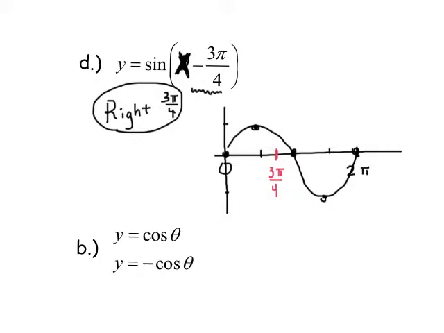I'm still going to mark every half, so this is 5 pi over 4, 7 pi over 4, 9 pi over 4, and 11 pi over 4.